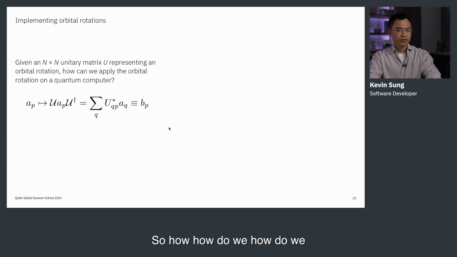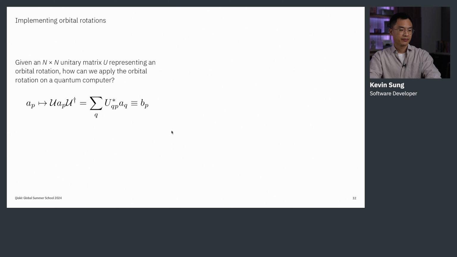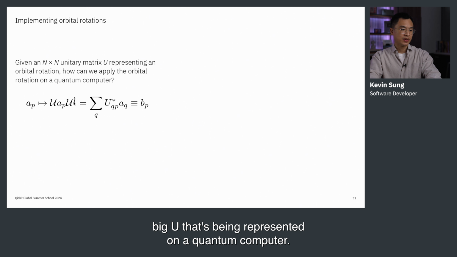So how do we implement an orbital rotation on a quantum computer? Well, an orbital rotation is represented by an n by n unitary matrix U. And the goal is to apply this big U that's being represented on a quantum computer.